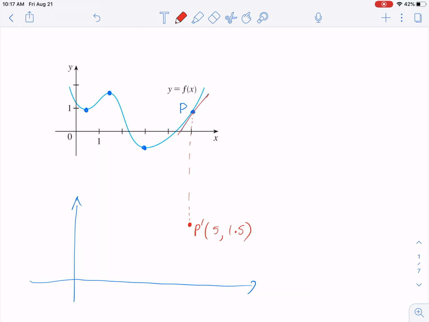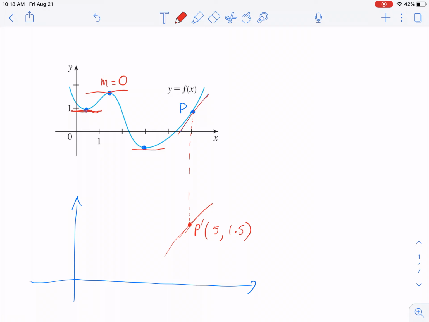If we repeat this procedure at several points, we're going to get the graph. It's going to be a curve like this. Now I want to point out these points. At these points, the tangent lines are horizontal, which means the slope is 0.